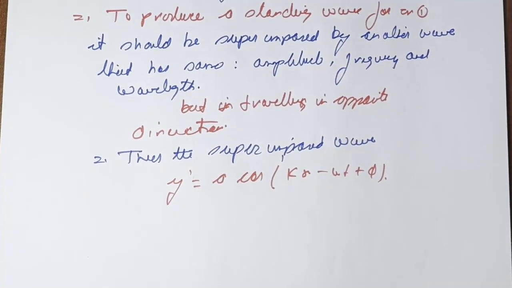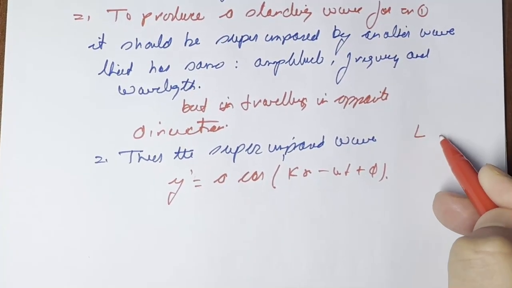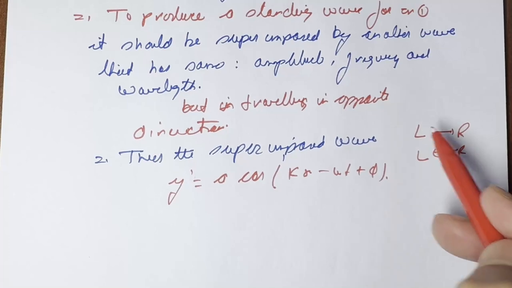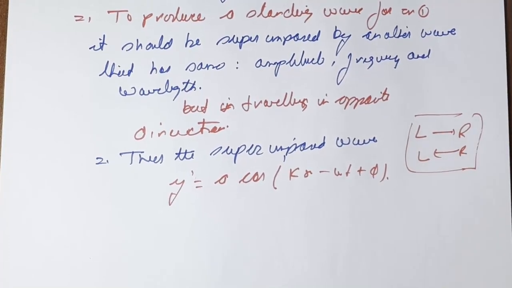Suppose one will be traveling from left to right, and another one from right to left. This will result in the superimposition of the wave, or rather we can say a standing wave.